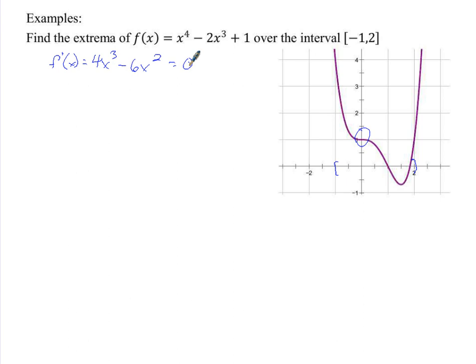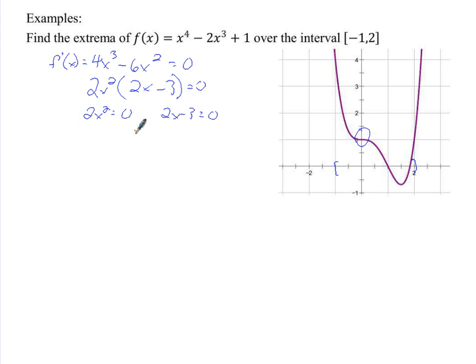There is a GCF here of 2x squared, and I'm left with 2x minus 3 equals 0. So now zero product property: 2x squared equals 0, 2x minus 3 equals 0.